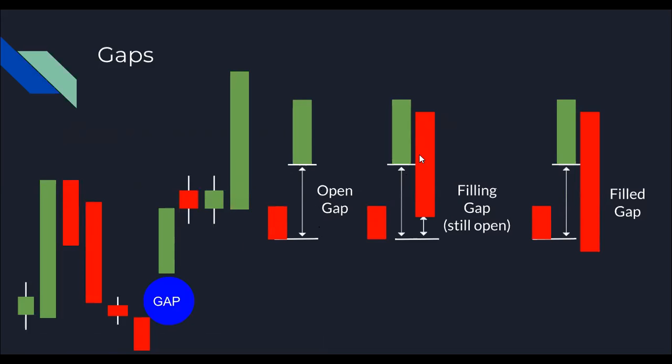But the moment the price starts coming back down, even before it reaches the close of the previous day, we say the gap is almost being filled, but it's still an open gap. Once price closes below or goes below the previous day's closing, then we would say this is a filled gap.